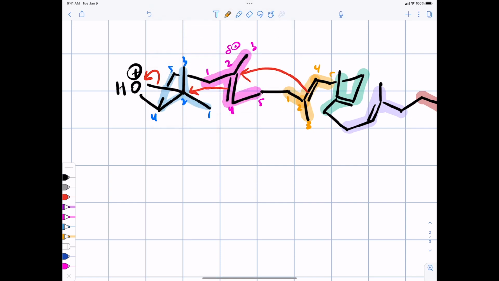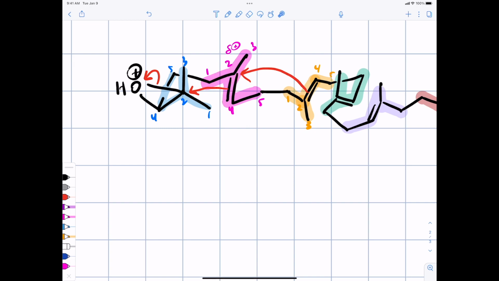Sorry about that mistake. The more substituted carbon 2 gets the positive charge. That will be the one that's attacked by the pi bond from the orange isoprene unit. Let's comment on ring size that we're making, by the way, as we're going through this. So we make a bond between pink 4 and blue 2. That's a 1, 2, 3, 4, 5, 6-membered ring. So we got that going for us.